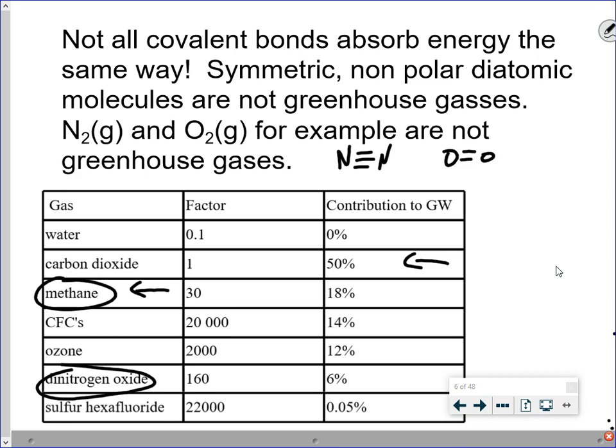So carbon dioxide is kind of the boogeyman for things causing global warming, but there's other gases that do the same job. Now, yes, chlorofluorocarbons are horrifically worse than carbon dioxide, but we're not releasing chlorofluorocarbons in the same magnitude as carbon dioxide. Yes, 20,000 times worse, but there's maybe like a trillion times more carbon dioxide being released than chlorofluorocarbons.